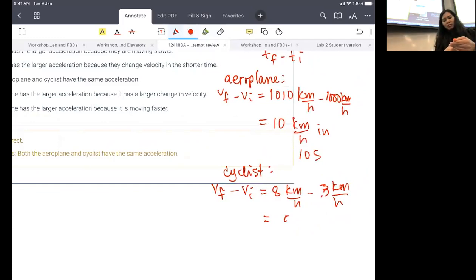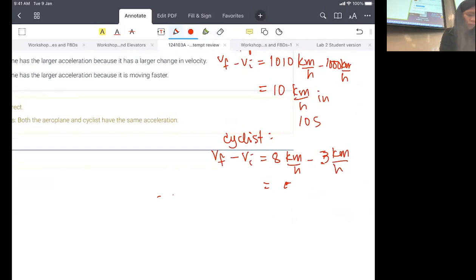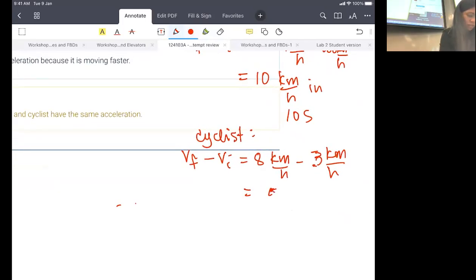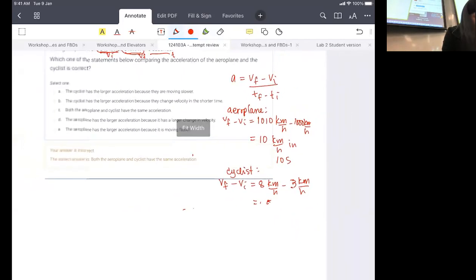This pen just doesn't want to write. What's going on?